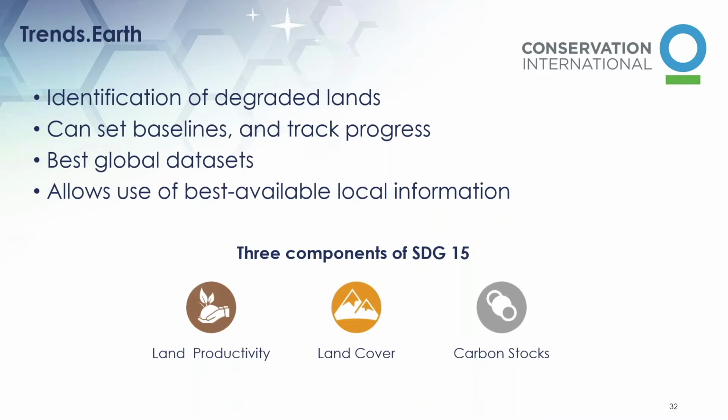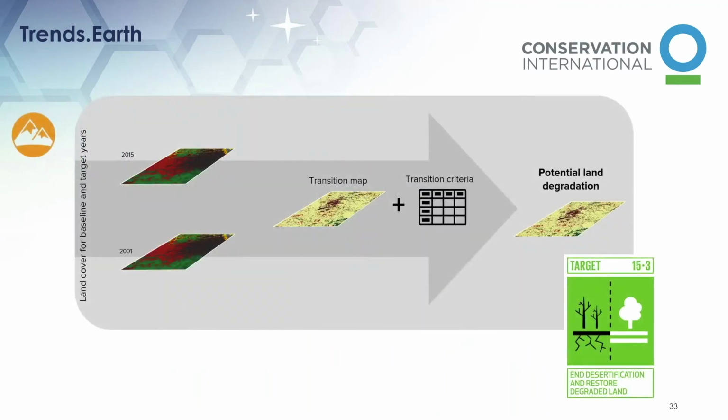So for example, for the land cover portion, Trends.Earth allows the user to take many dates of images, in this example, 2001 to 2015, and create a transition map. So transitions from one land cover type to another. And then you can identify a set of criteria to evaluate the various transition types and create a map of potential land degradation.